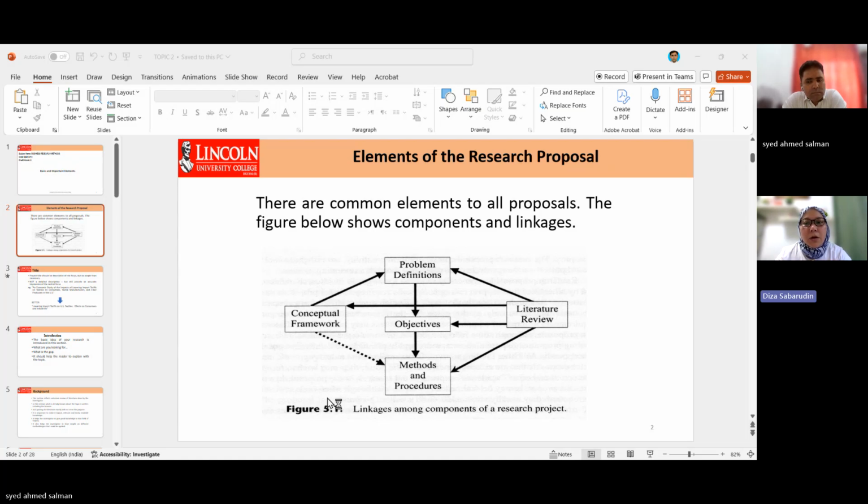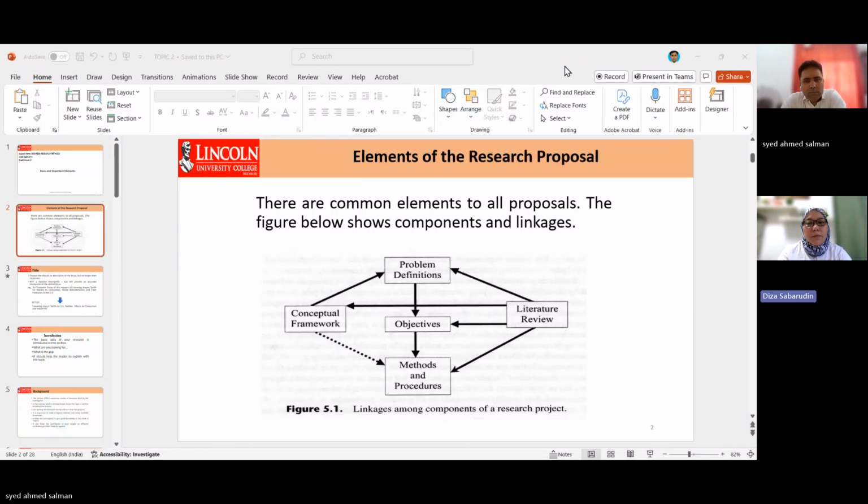Number three is objectives and hypotheses. Objectives define what the research aims to achieve; these are specific goals derived from the research question. Hypotheses are testable predictions about the expected outcome, often used in quantitative studies to establish cause-effect relationships.